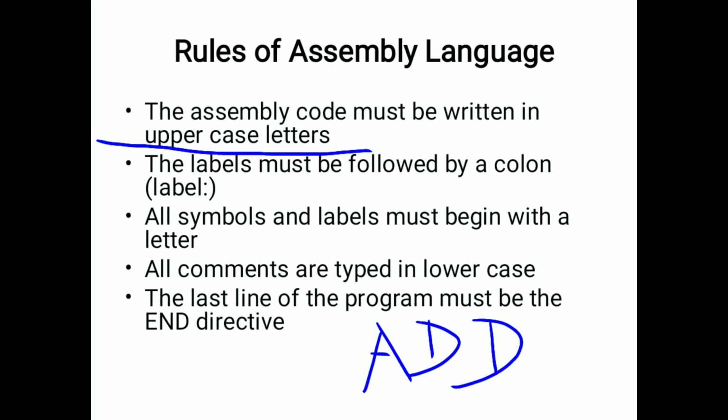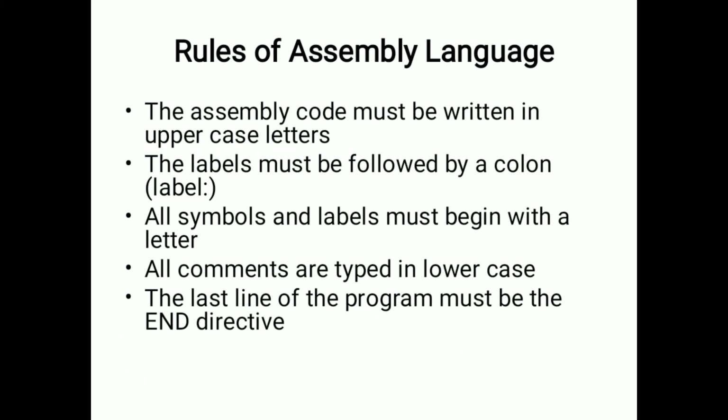Second, any label that we use in assembly language programming should be followed by a colon. If we write any label, we have to put a colon after it, which indicates that it is a label. All symbols and labels must begin with a letter.